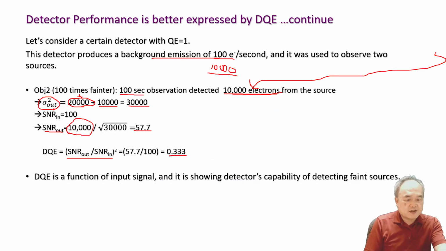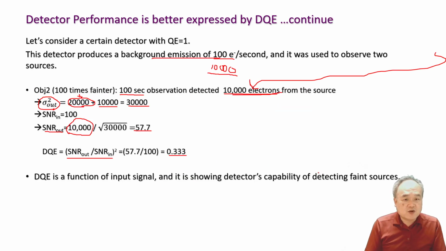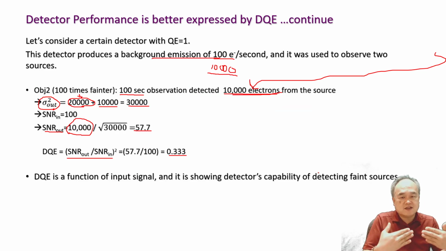For the faint source the DQE was 33%, while for the bright object the DQE is 98%. So this DQE is dependent on the intensity of the incident light.